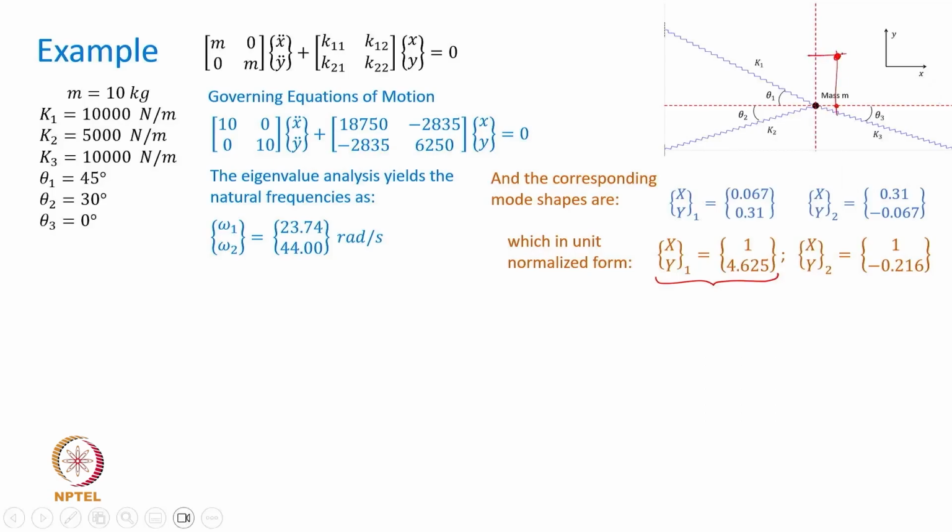And if you release it from this point, at t equal to 0, the mass is going to oscillate and execute the fundamental mode of vibration, which is going to maintain this relationship all the time, and therefore it will execute a pure harmonic motion, because these mode shapes are obtained with the assumption that both degrees of freedom are going to exhibit a pure harmonic motion.